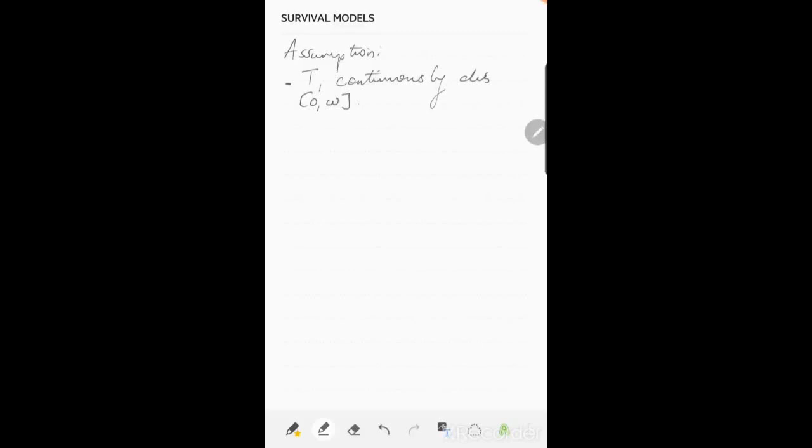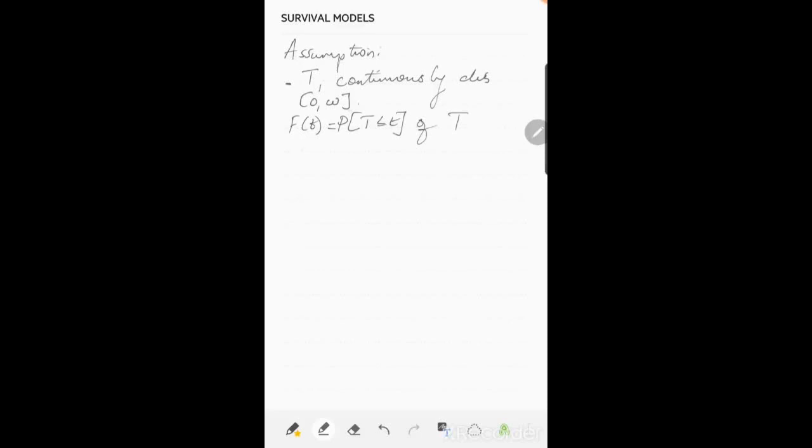Now we need to define this distribution function. The distribution function is F(t), which is equal to the probability that T is less than or equal to small t. This is the distribution function of T, where T is the future lifetime of this newborn baby in the interval 0 to omega.